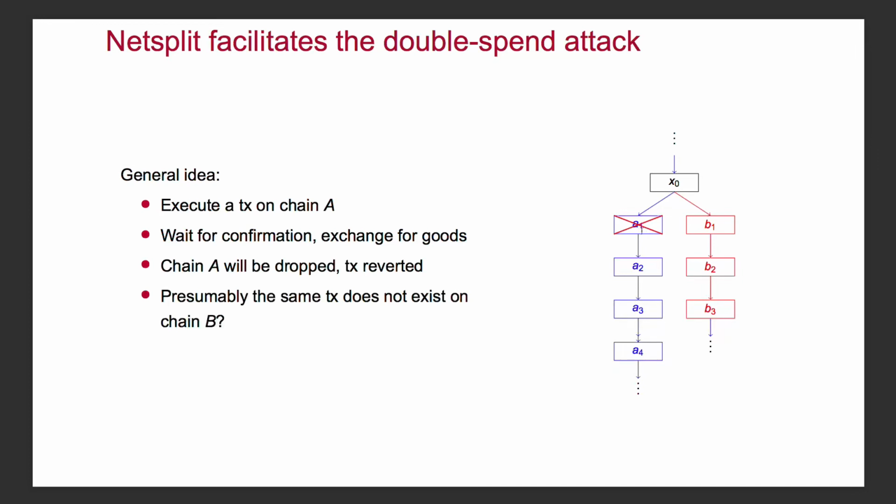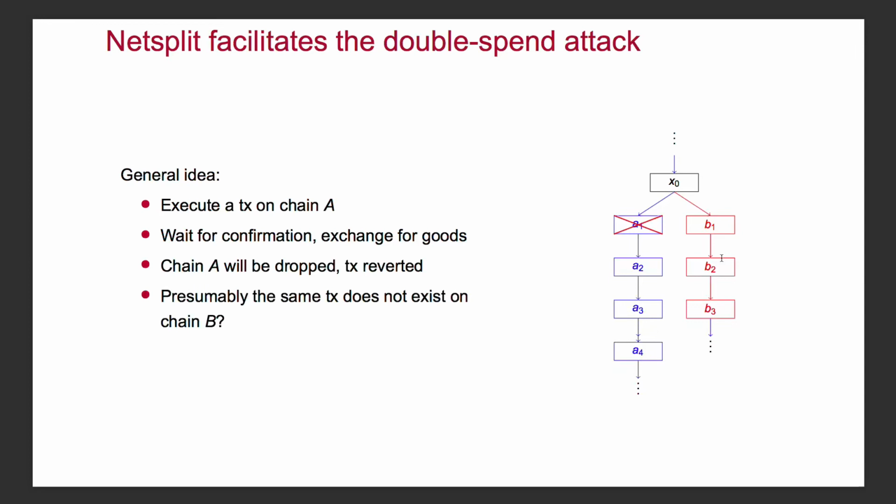Well, execute the transaction on chain A, wait for confirmation, could be 6 blocks, for example, and then this chain will be dropped at some point when the network heals or there is an intervention, and the transaction that was spent on chain A simply disappears. And now it's nullified.